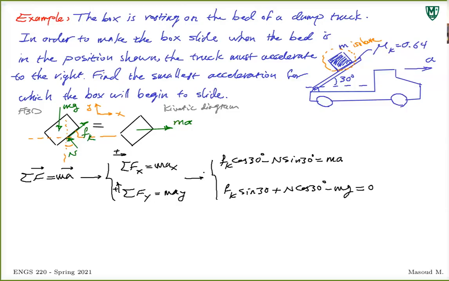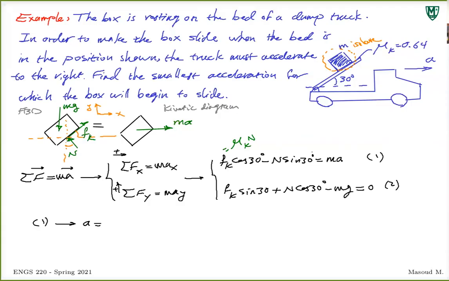If I can even plug in here, Fk is equal to mu k N. And let's see, what can I do? Let's call this equation 1 and this equation 2. From the first one, I can find a. I just want to solve this; it's two equations, two unknowns.